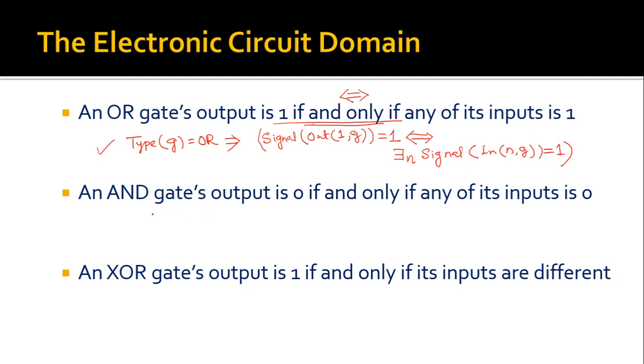Similarly, you can define AND gate, which says an AND gate's output is 0 if and only if any of its input is 0. So how do we write this? We can write this in a similar way.